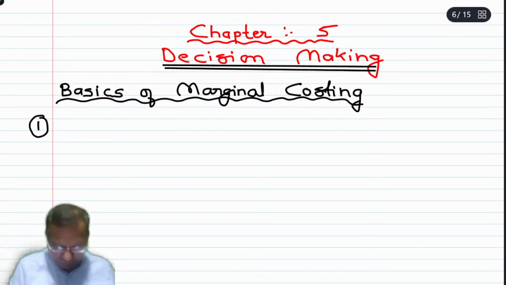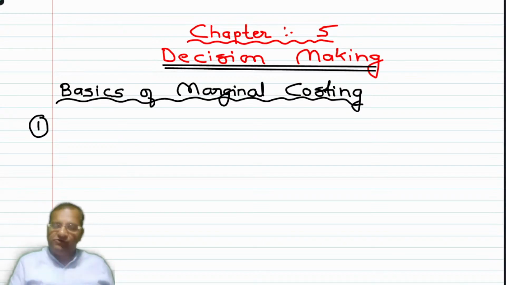The very first basic, although it appears very simple, and really it is very simple, is very helpful at final level to solve reverse working questions. Whenever a question is asked at final level for reverse working under the marginal costing concept, this statement will be very, very useful.